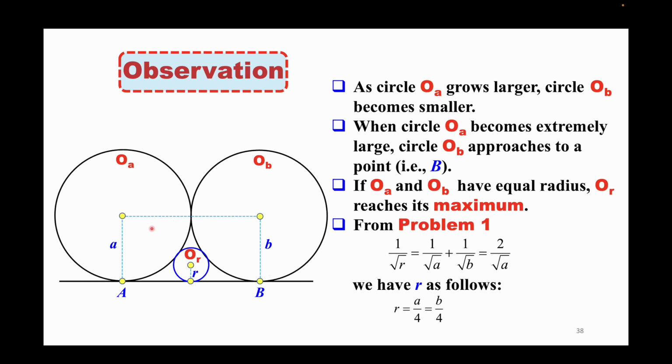In fact, when OA becomes so large, its radius A becomes nearly infinite. Then the radius B of OB would approach 0, which means when OA is so large, OB is just the point B, in which case circle OA becomes the fixed line AB, and the circle OB is just a point B.